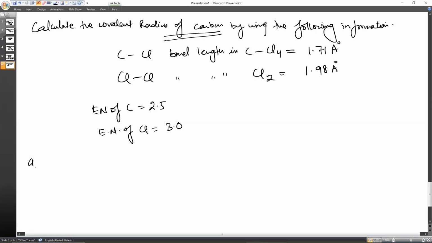Do this one by using the symmetrical formula. The first option is 0.66 angstrom, the second option is 0.77 angstrom, the third option is 0.80 angstrom, and the fourth option is none of these.